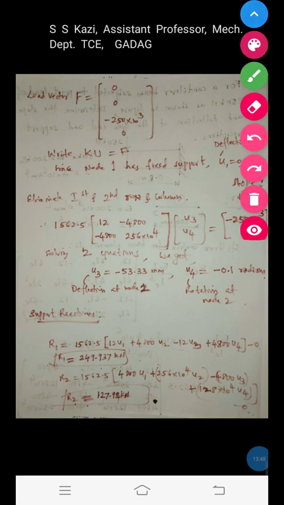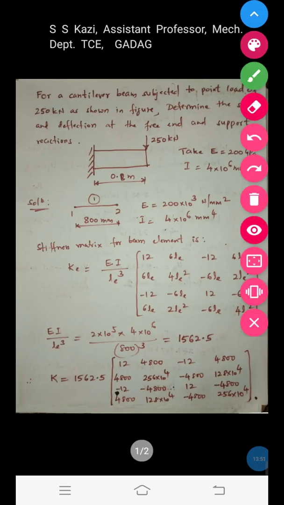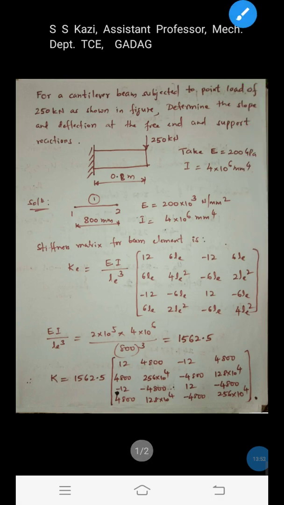How is it? If you go for the first equation, that is 1562.5 into 12 u1 plus 4800 u2 minus 12 u3 plus 4800 u4 minus F1. F1, we got 0, minus 0 you write.